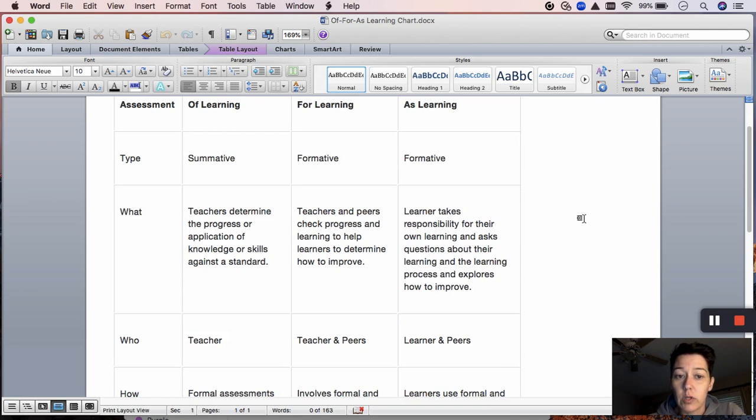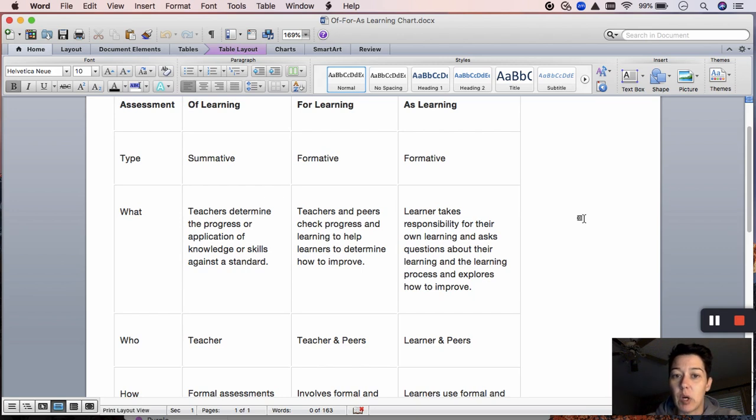So assessment for learning, the teachers and the peers check progress and learning to help learners determine how to improve. Assessment as learning, learner takes responsibility for their own learning and tasks, questions about their learning and the learning process, and explores how to improve.